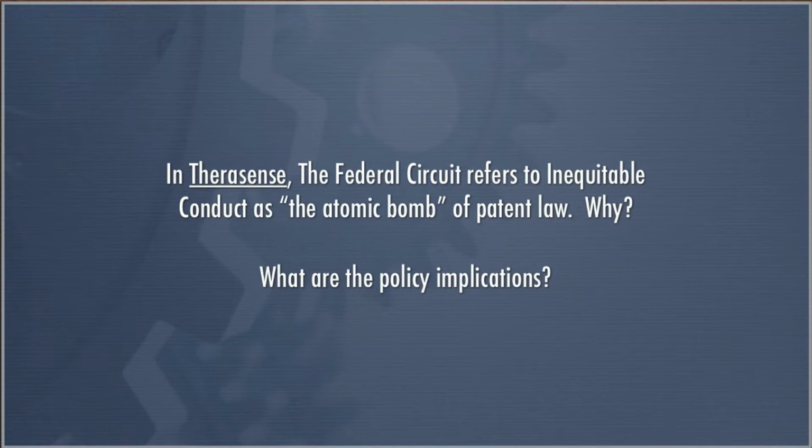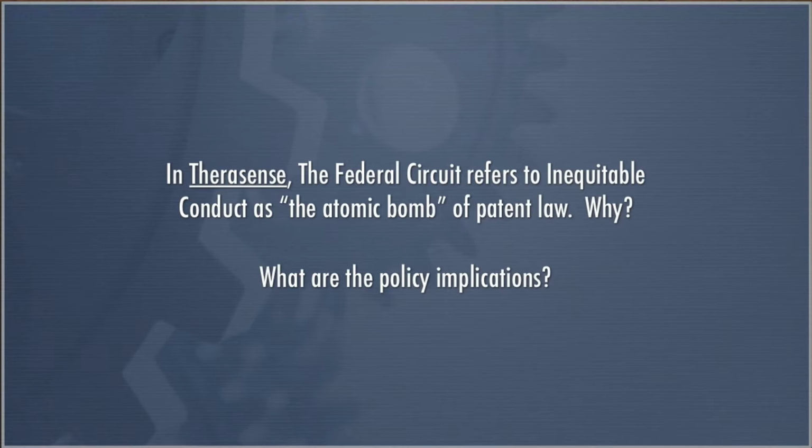So not only might the particular patent at issue in the case at hand be held unenforceable, but it's possible that related patents can be held unenforceable as well, which means an entire family of your patents could be held unenforceable, which, as you can imagine, would cause no end of hardship for a patentee.